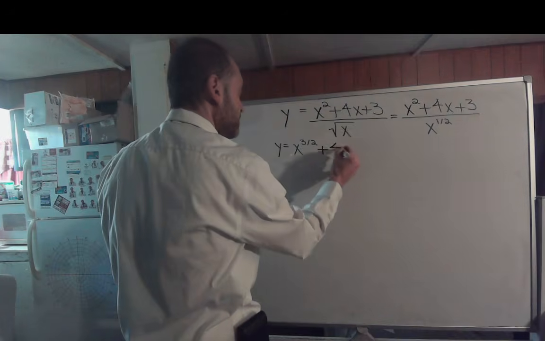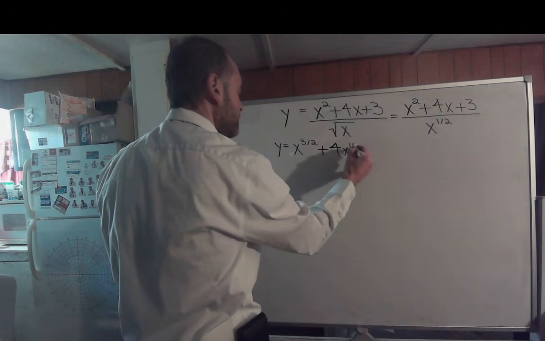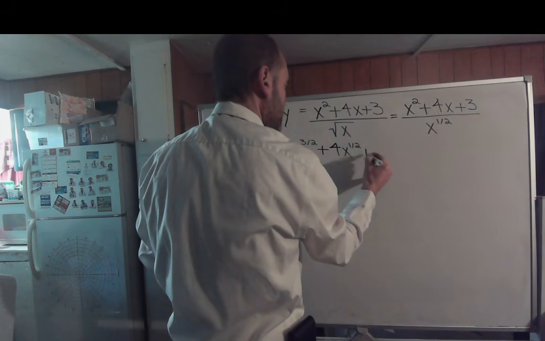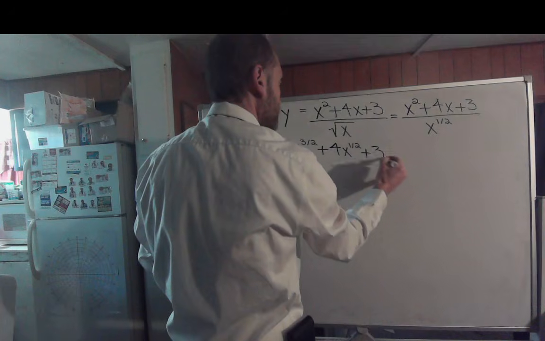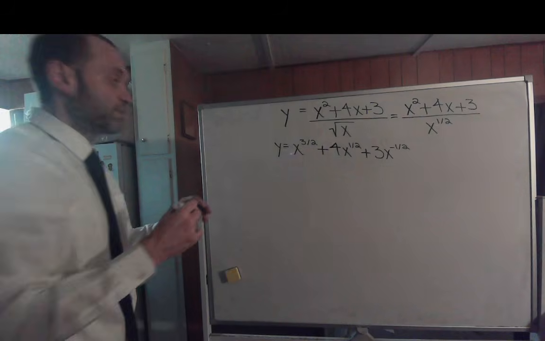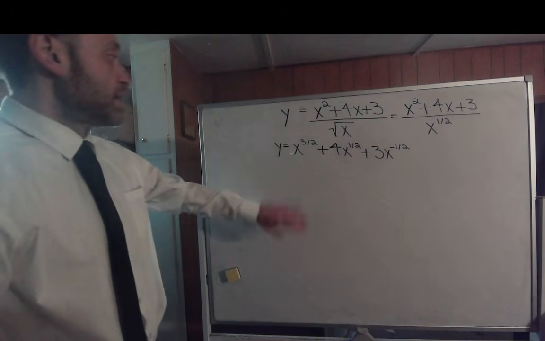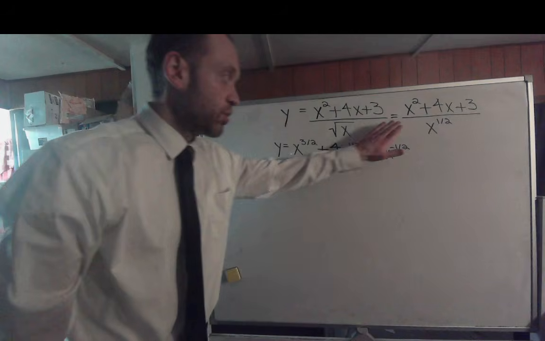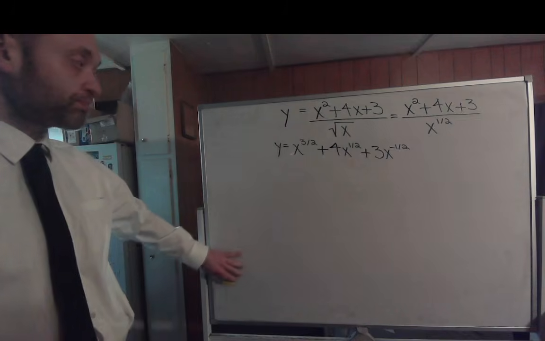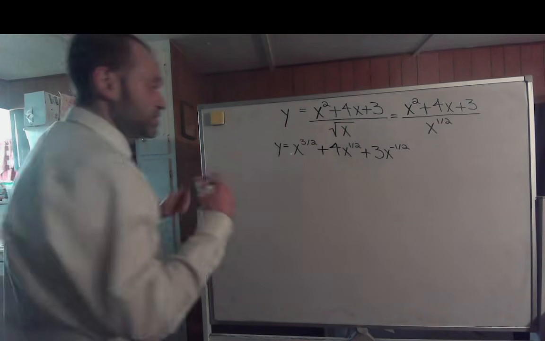That would end up giving you 4x to the 1/2. And then you'd have plus 3 over x to the 1/2. That would just be plus 3x to the negative 1/2. So now we've written this function in a simpler way to help us apply the power rule. So let's go ahead and do that here.